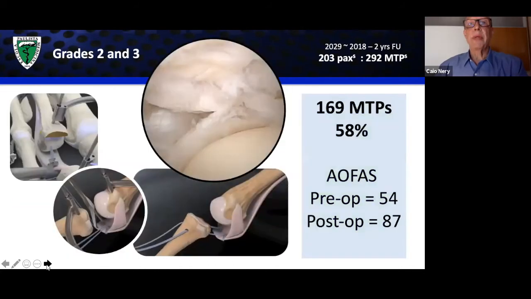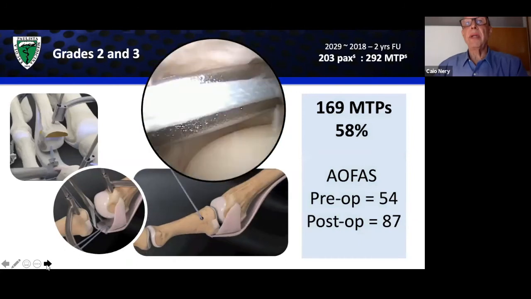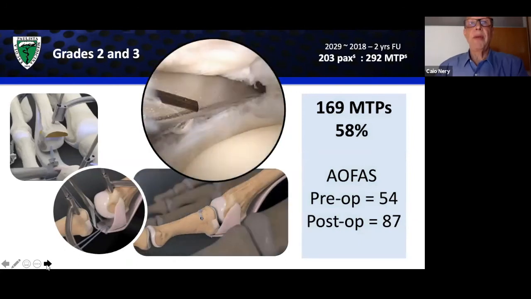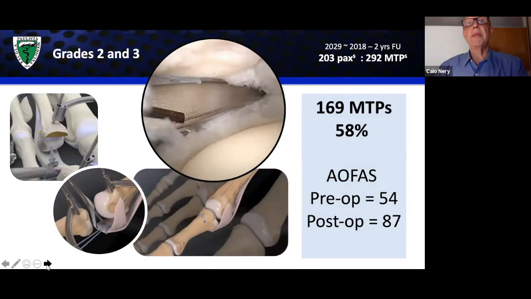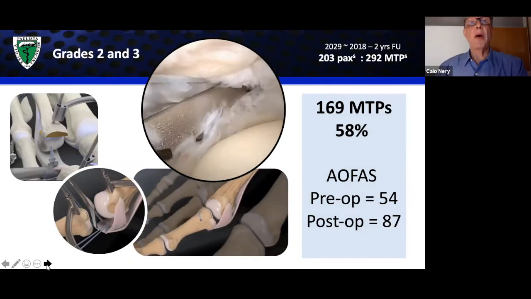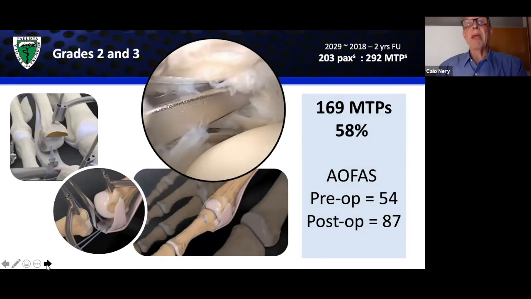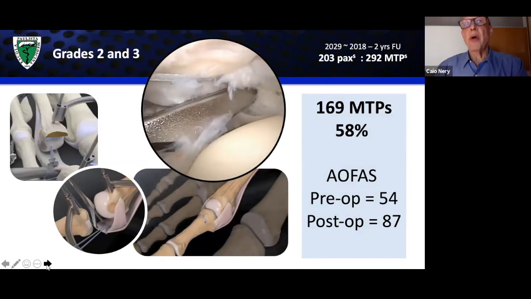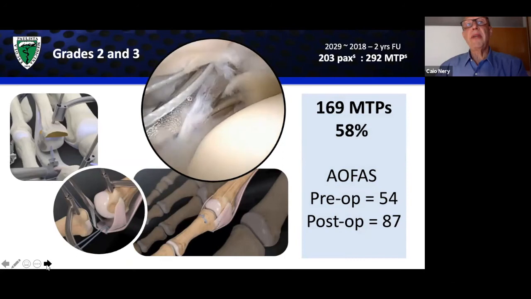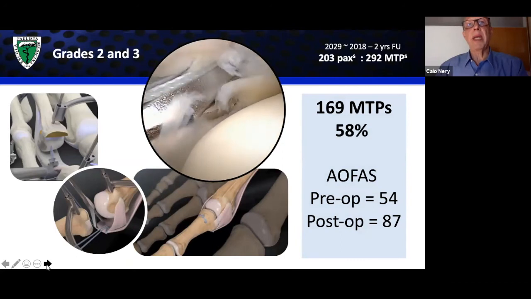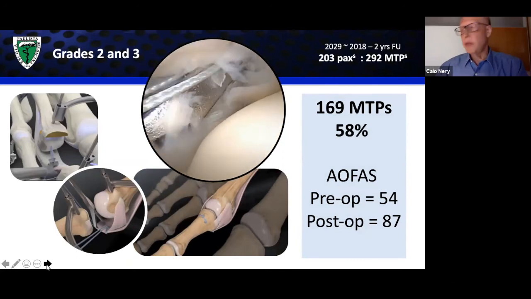A comparable result was obtained in 169 grade 2 and 3 MTP joints, 58% of our sample, treated through the arthroscopic or open direct repair of the plantar plate. The AOFAS 4-foot score rose from 54 points preoperatively to 87 points after the treatment.